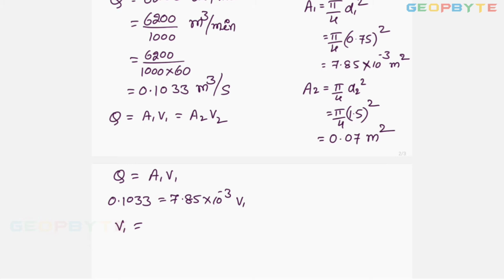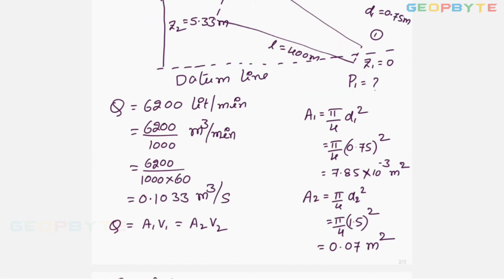Let me simplify it. Okay, here there is a printing mistake for the A1 value. A1 is 0.441 meter square, and for the A2 value also there is a printing mistake. A2 equal to 1.767 meter square.